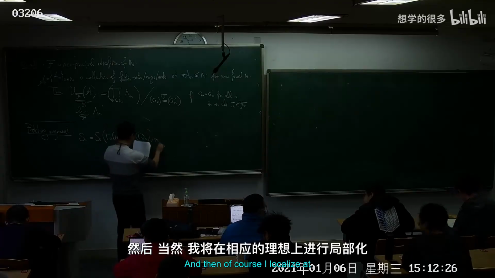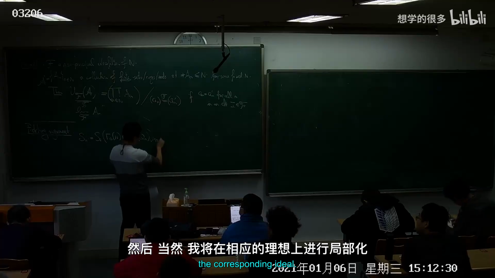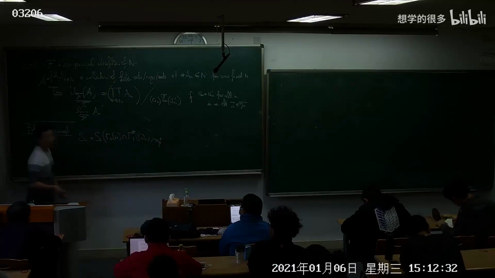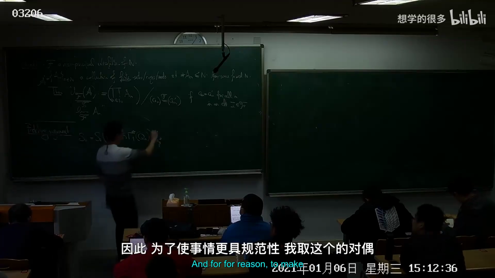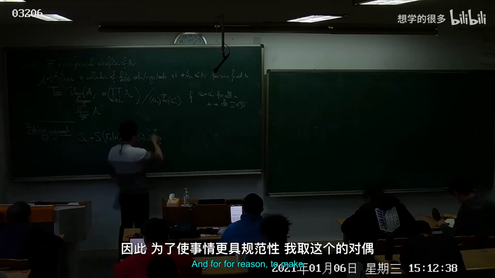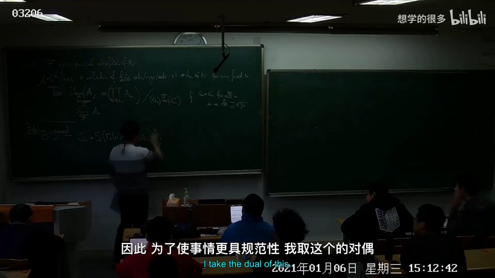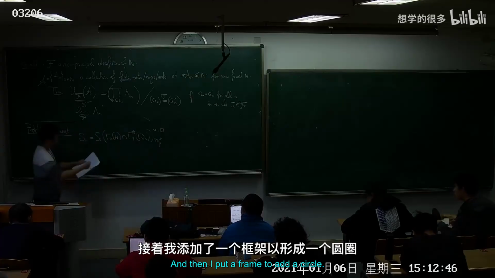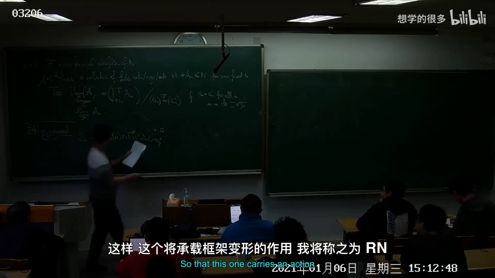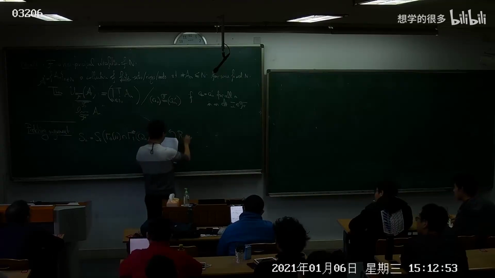And then of course I localize at the maximal ideal corresponding to this rho bar here. And to make things more canonical, I take the dual of this, and I put a framing to add so that this one carries an action of the framed deformation ring, which I'm going to call R_n.